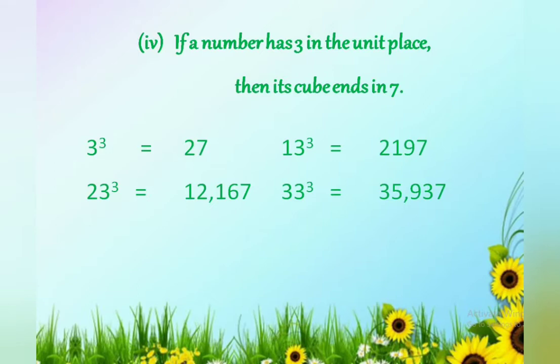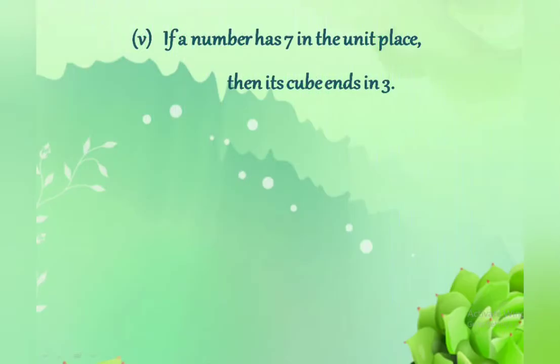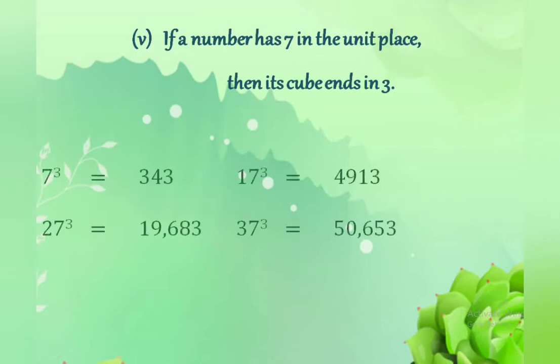Then, can you tell me what the next property will be? Correct. The next property is the reverse of this. If a number has 7 in the unit place, then the cube ends in 3. Let's check the examples. 7 cube equals 343. Here, for the cube of 7, 3 comes in the ones place.